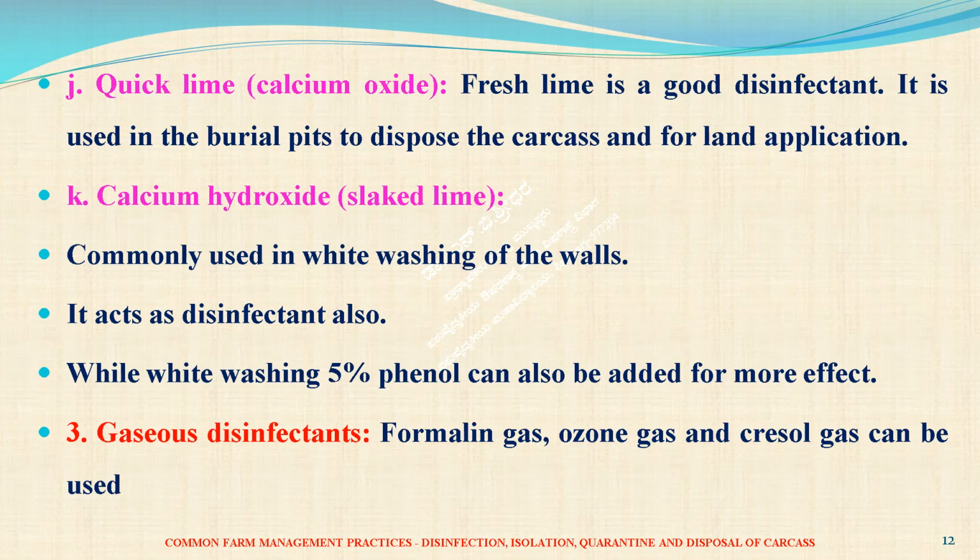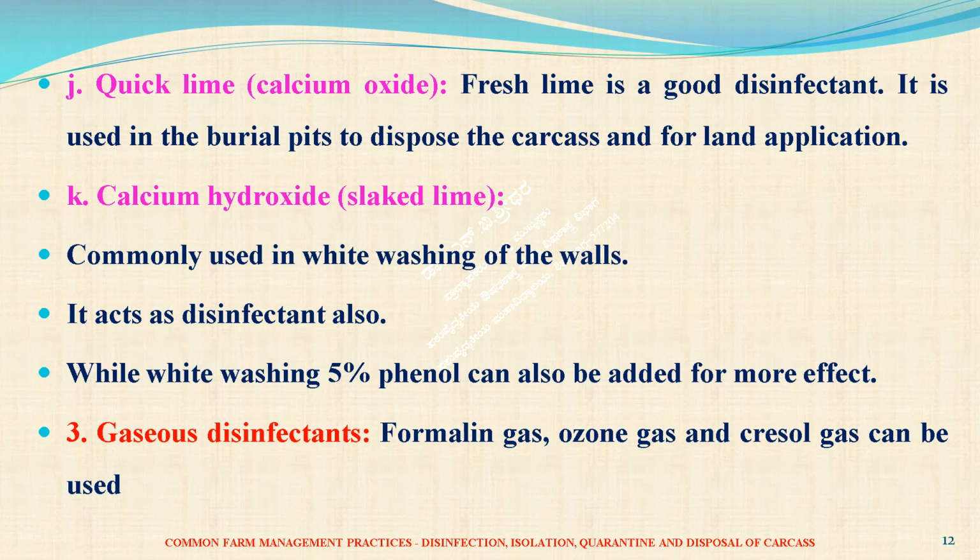And quicklime, or calcium oxide or fresh lime, is a good disinfectant, and it is used in burial pits, to dispose of the carcass, and for land application also. Whereas calcium hydroxide is also called slaked lime.